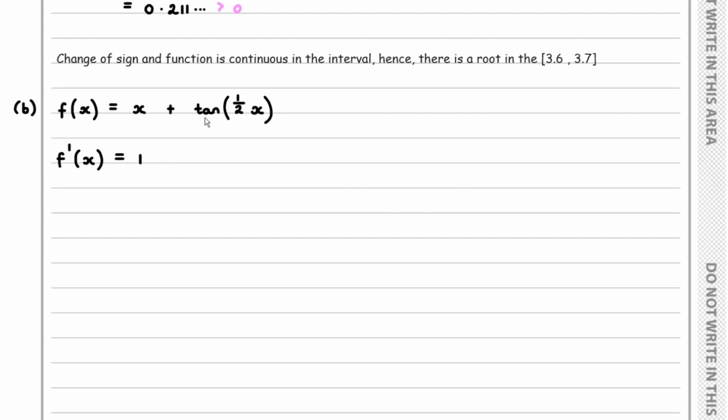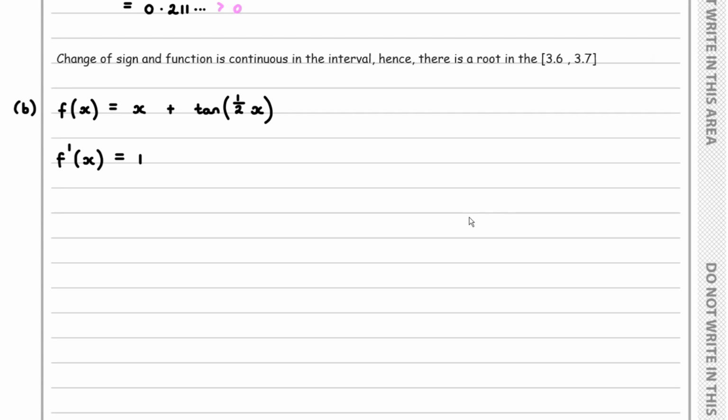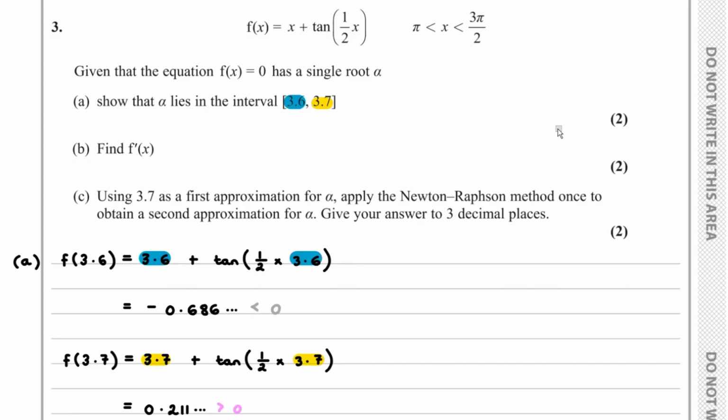Now, to differentiate tan of 1/2 x, in the formula book, the differential of tan kx is k sec squared kx, meaning tan of 1/2 x differentiated is 1/2 multiplied by sec squared of 1/2 x.